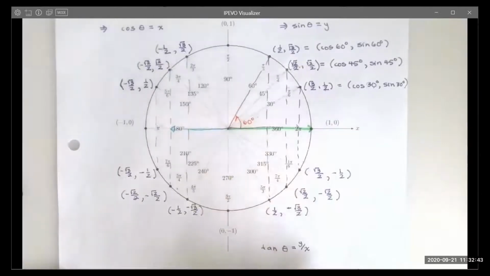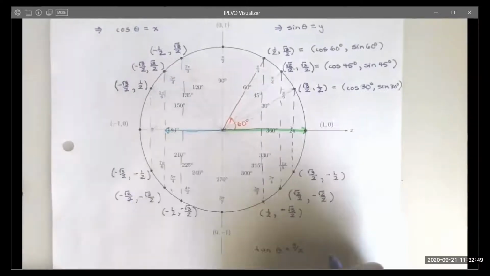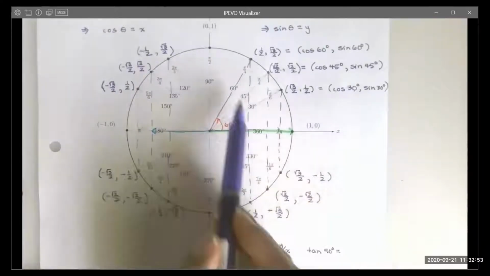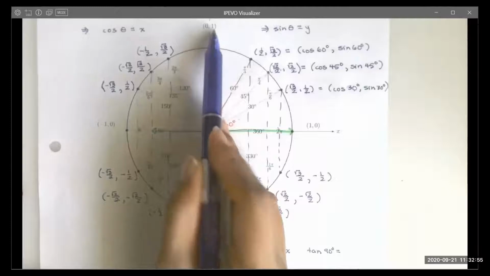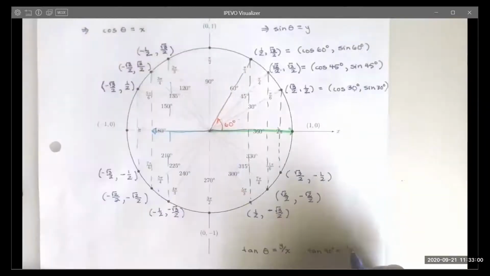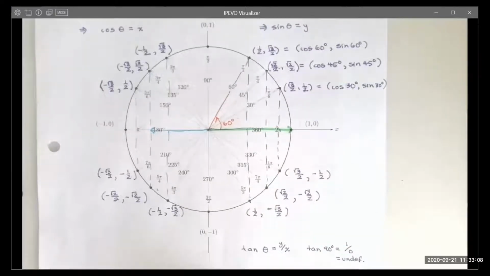So we can still use the coordinates to find tangent. Tangent of 90 would be the y, which is 1 at 90 degrees, over x, which is 0. And 1 over 0 is undefined, which means that tangent of 90 degrees is undefined.